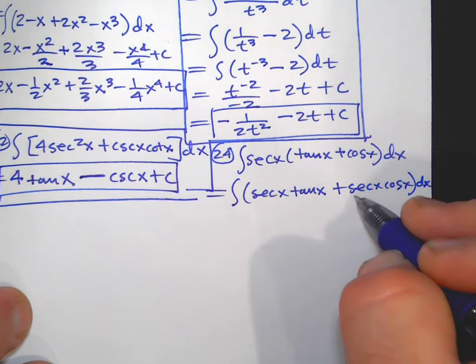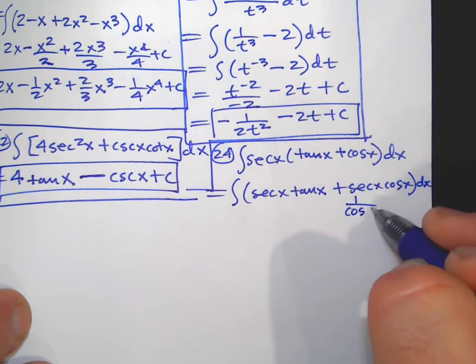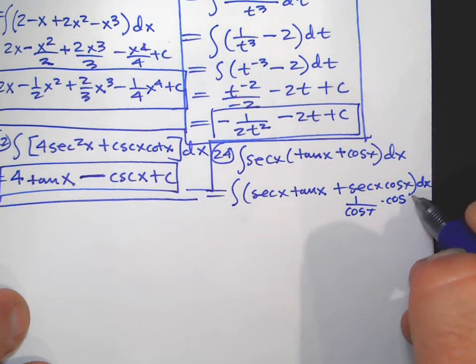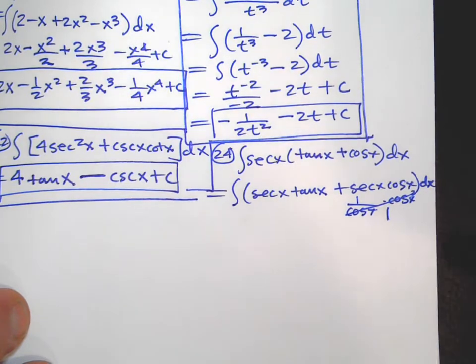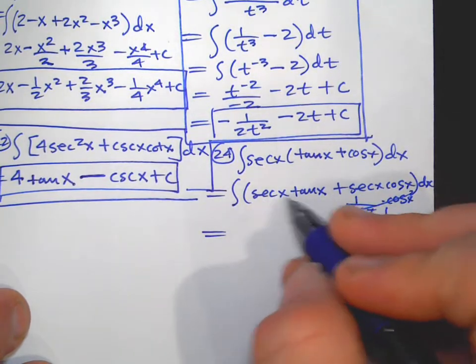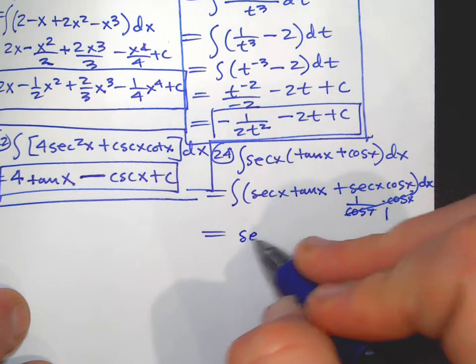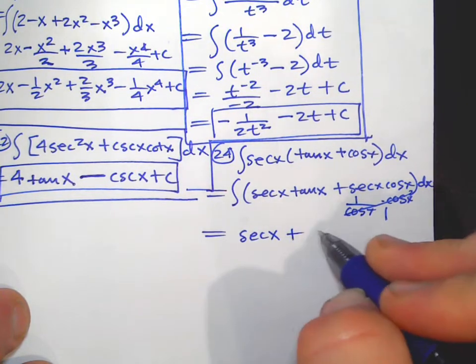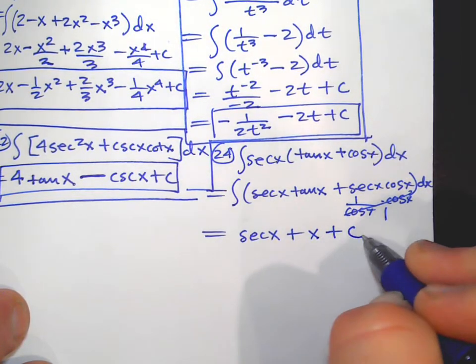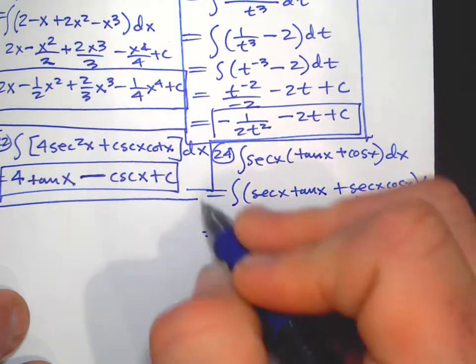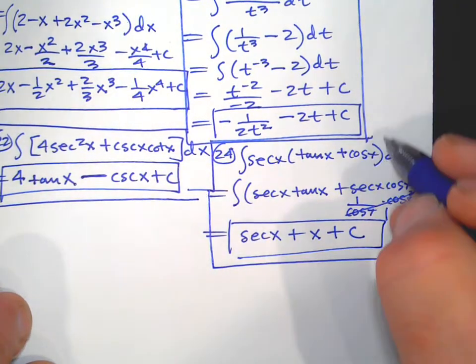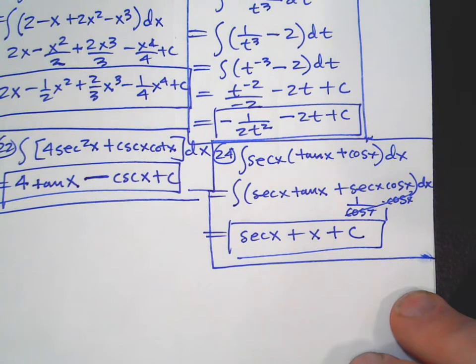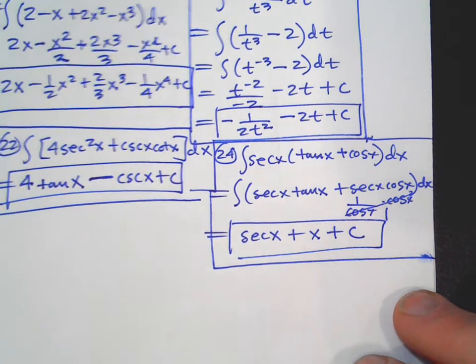So maybe this guy, we need to rewrite it as 1 over cosine times cosine. This is actually just 1. So when we integrate, the antiderivative of secant tan is secant. The antiderivative of 1 is just x plus c. Sometimes you got to work on these. Get them into something that is easy to integrate, right?